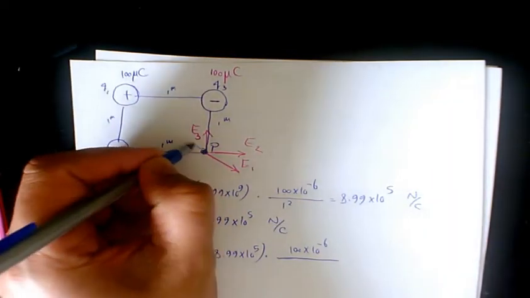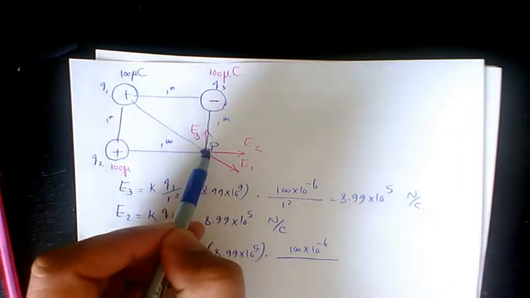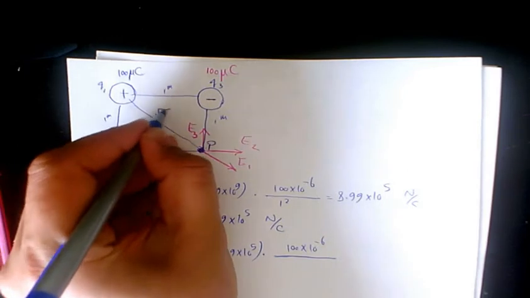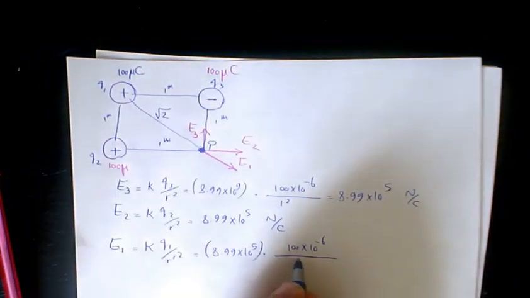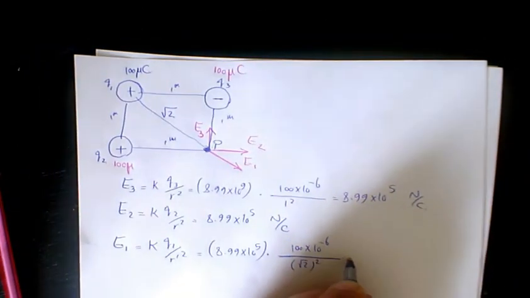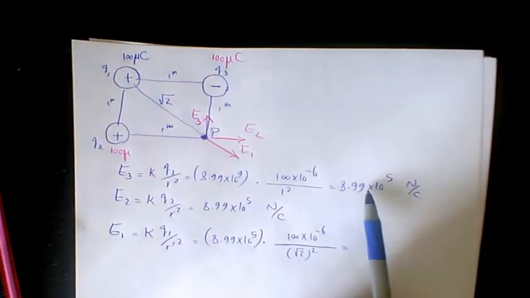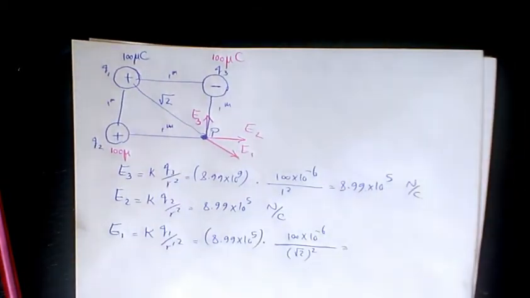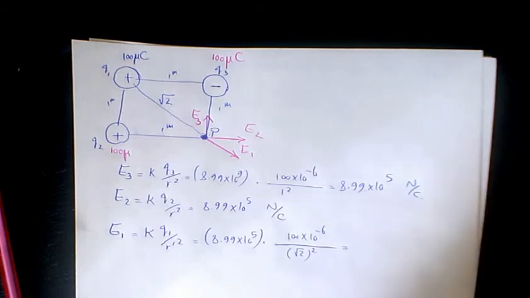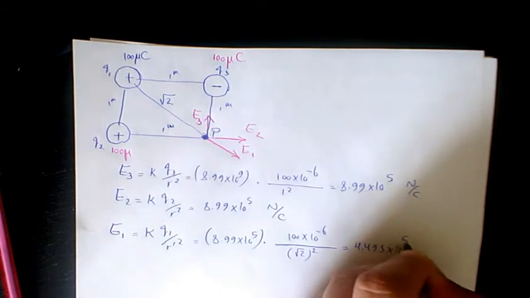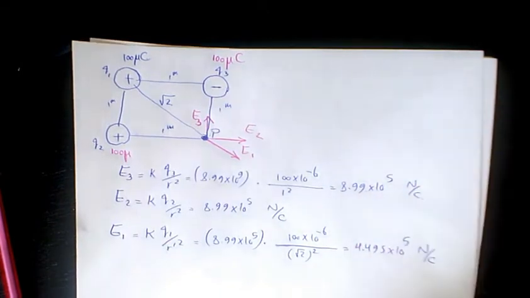R prime is going to be the square root of 1 squared plus 1 squared. It's going to be 2, and it's going to be root 2. So R prime squared is going to be 2, so it's going to be half of the other. So it's going to be 8.99 divided by 2. That would be 4.495 times 10 to the power of 5 newton per coulomb.